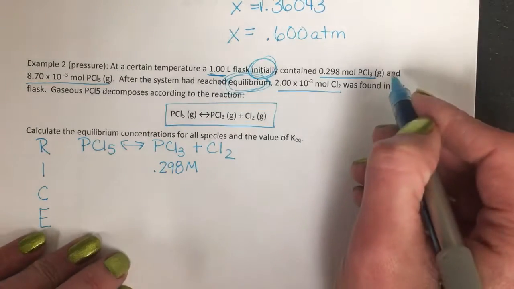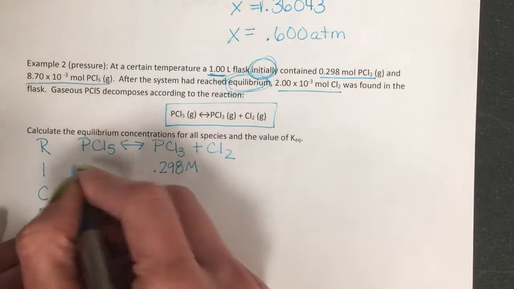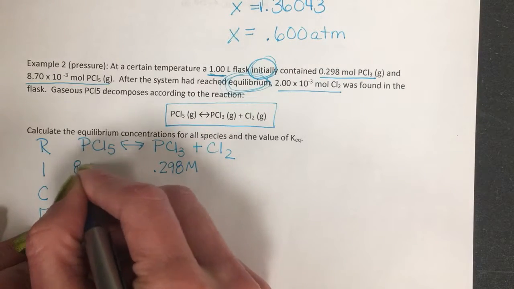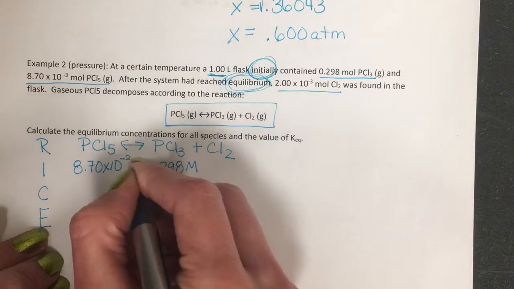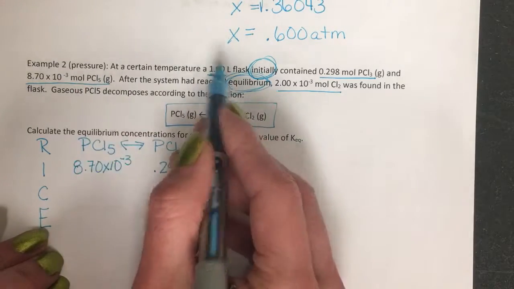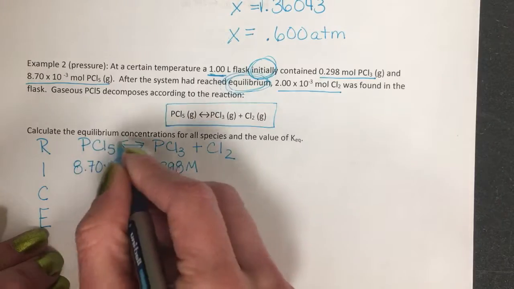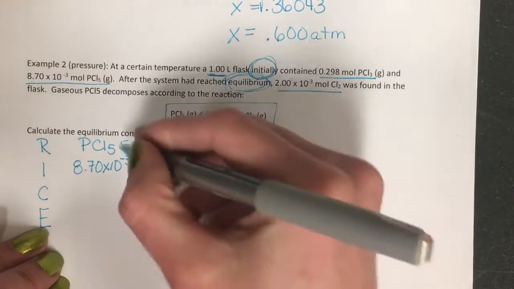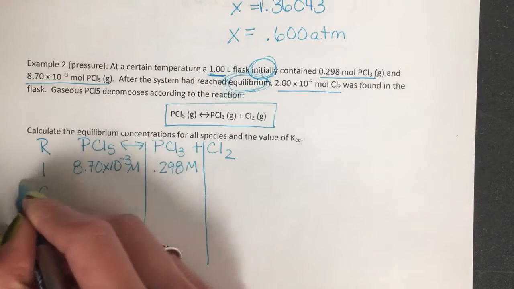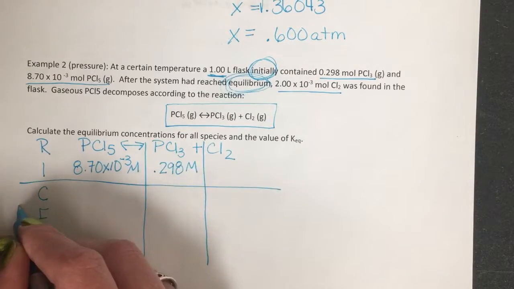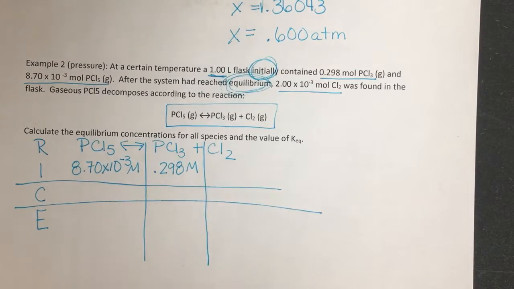And initially, I've got 8.70 times 10 to the negative third, again moles per liter, PCl5. Okay? I'm going to draw lines to separate all of my elements, and I'm going to draw lines to separate my letters. Okay?